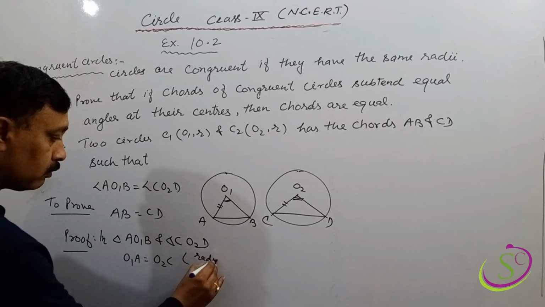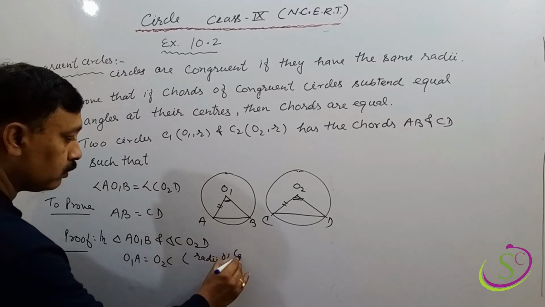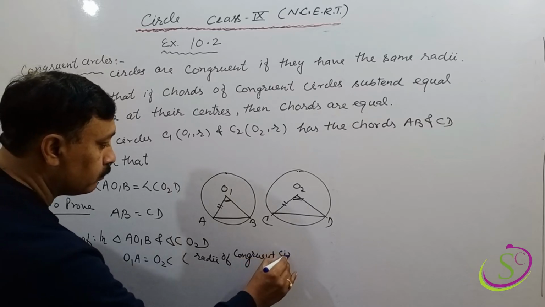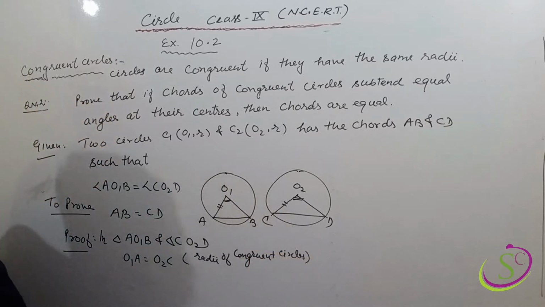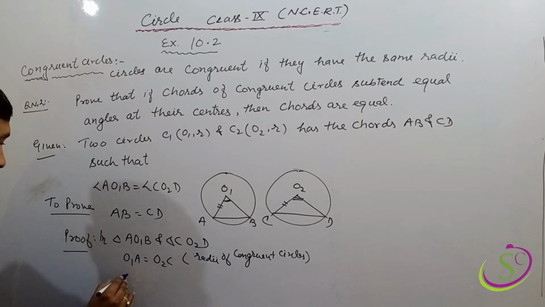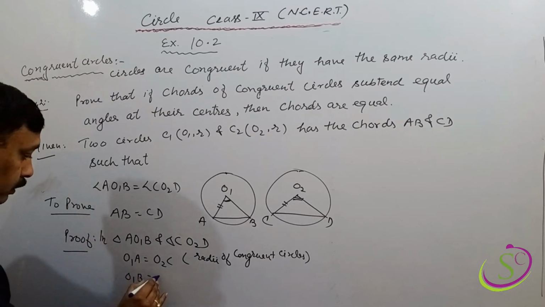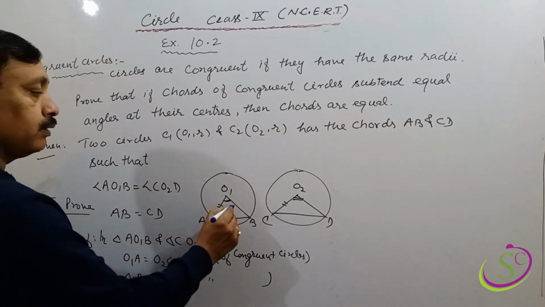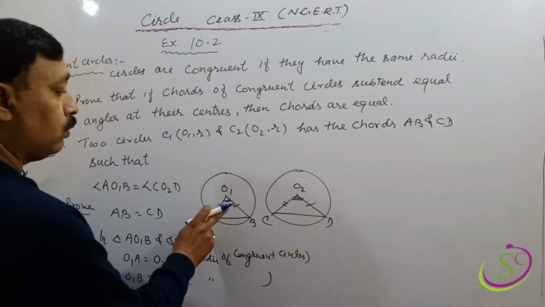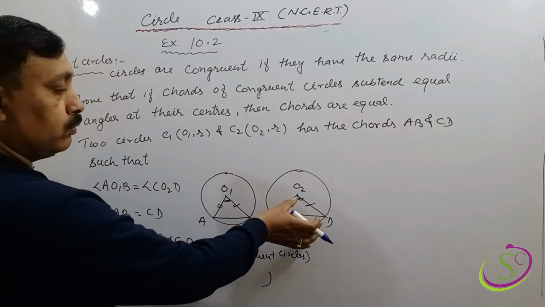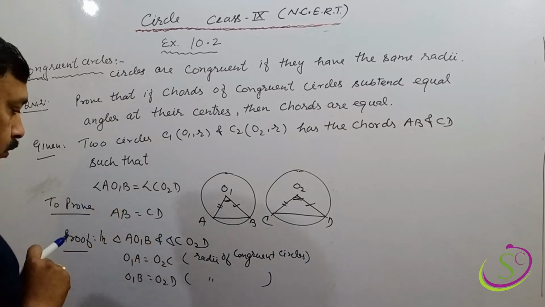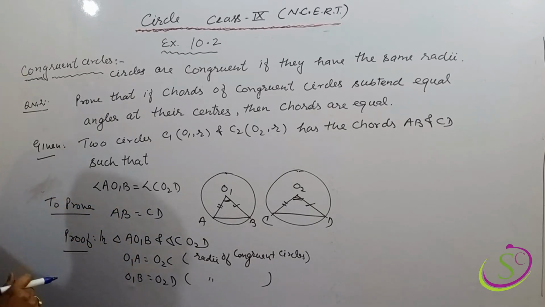Radii of congruent circles. Clear? And O1B equal to O2D, same reason. O1B equal to O2D, because both are the radii of congruent circles. Clear?